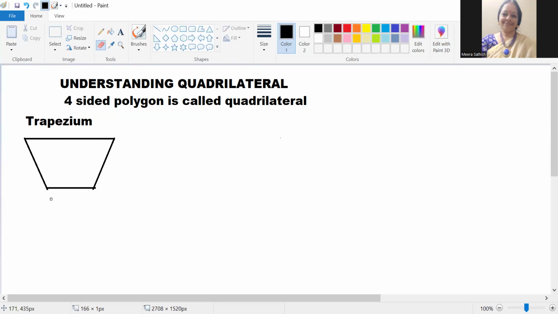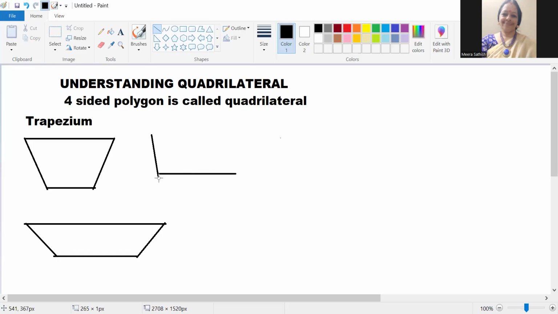This is one type of trapezium, looking like a flower pot, or it can be like this. It looks like a boat here, and another one, another type. So different types you can see here.